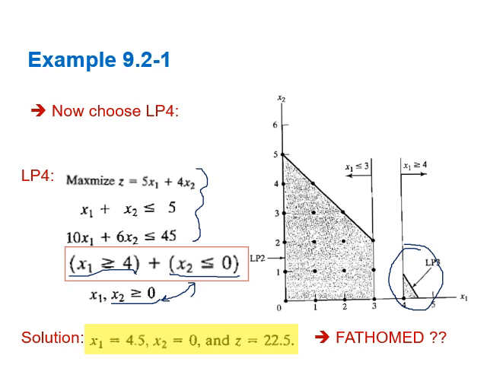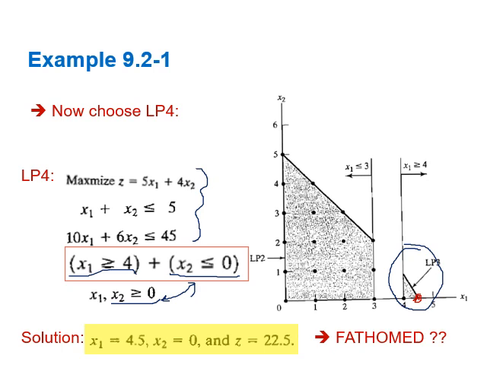Solve for the value of x1, and when you do it, the optimum solution becomes x1 equals 4.5, which means that this corner is the optimum solution for this triangle in LP4.